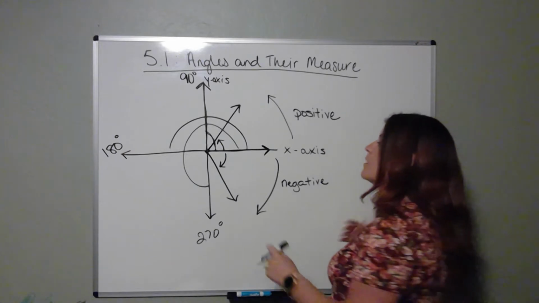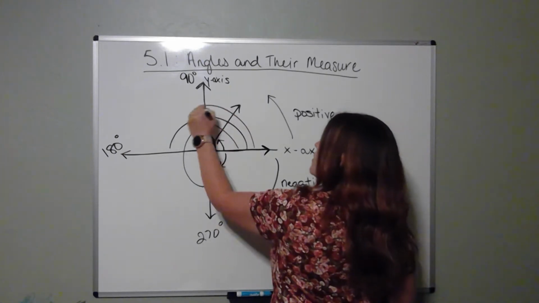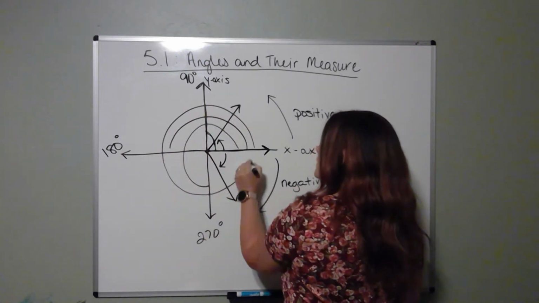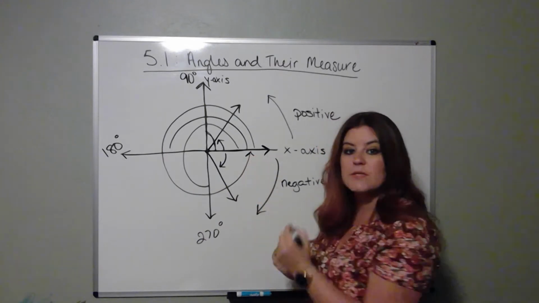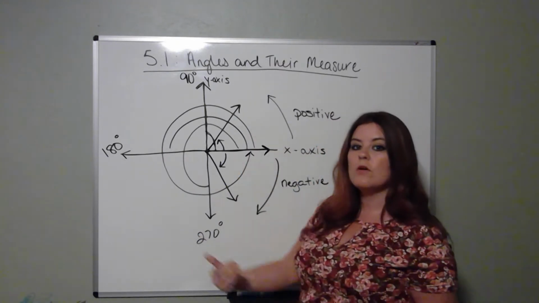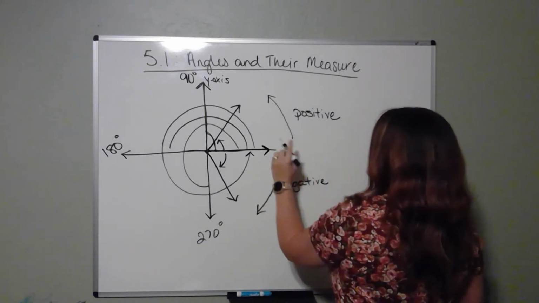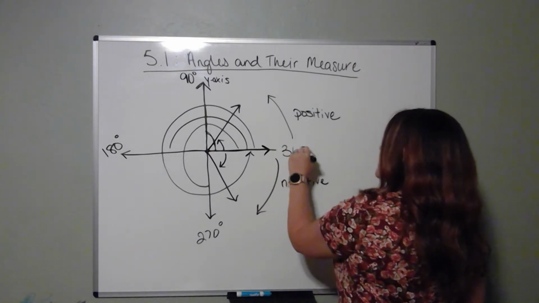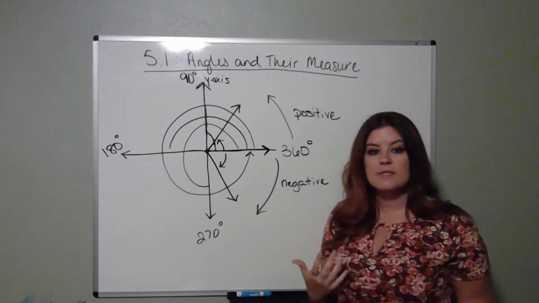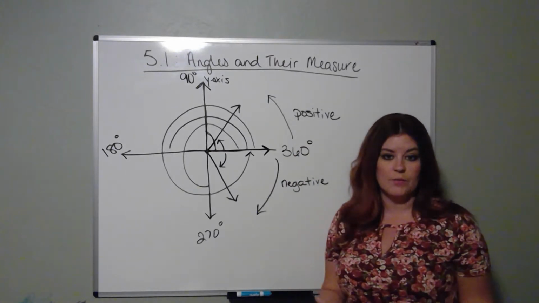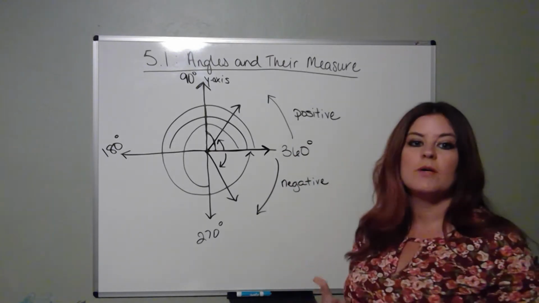And then if you go an entire rotation all the way around, landing back to where you started, we would be back at the x-axis, and that full rotation would be 360 degrees. So these are things you probably already know, but I just want to refresh.